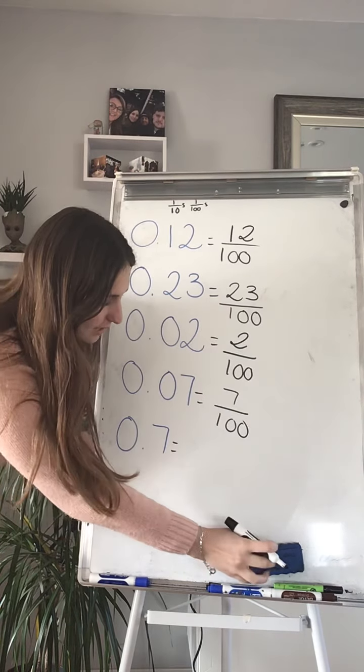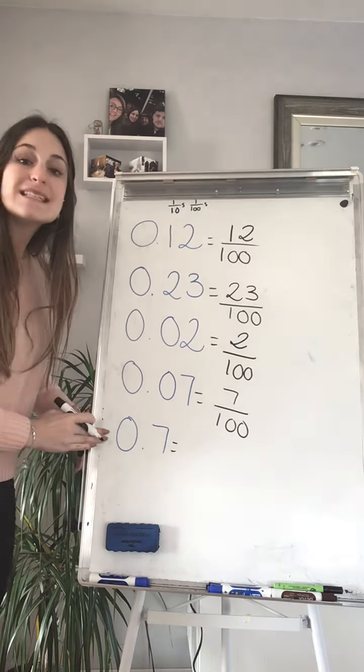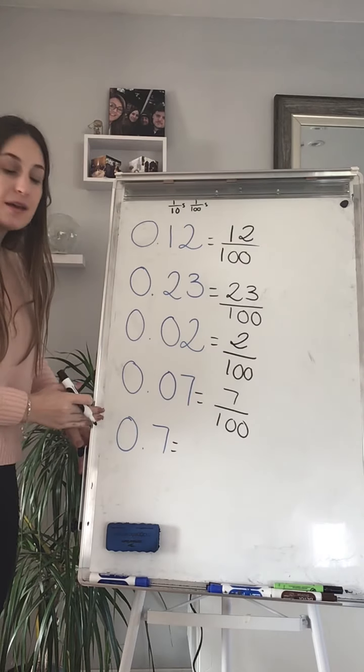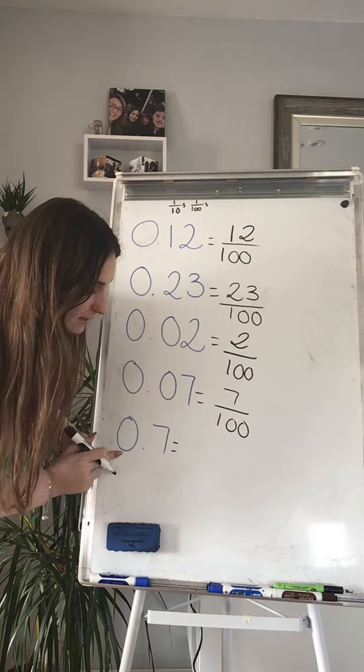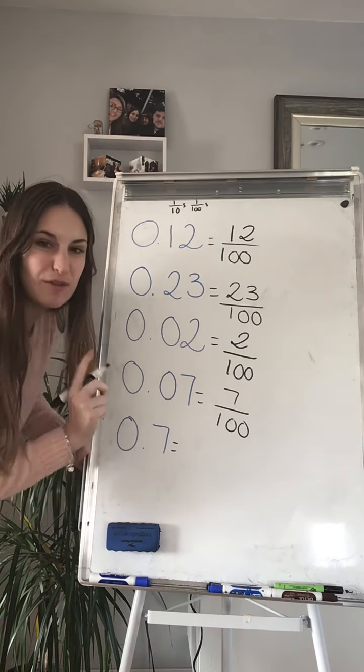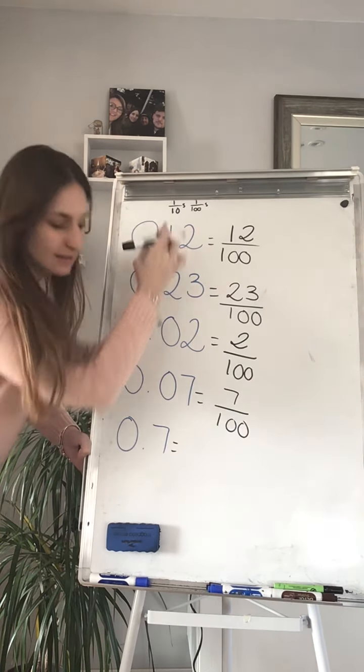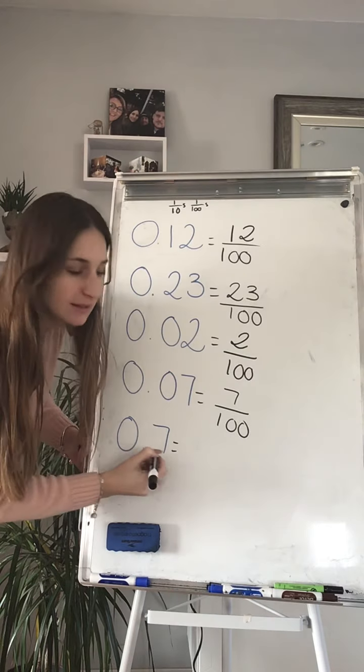Now, what's happened with this one? Why is this different to the other ones? Because it has only one decimal place. So if I read this, I will read it as 0. What is my first decimal place? Tenths. 0.7 tenths.